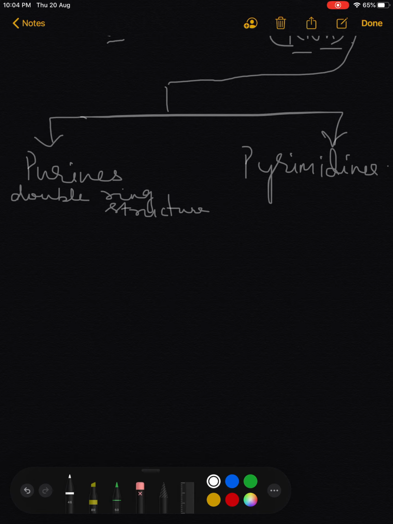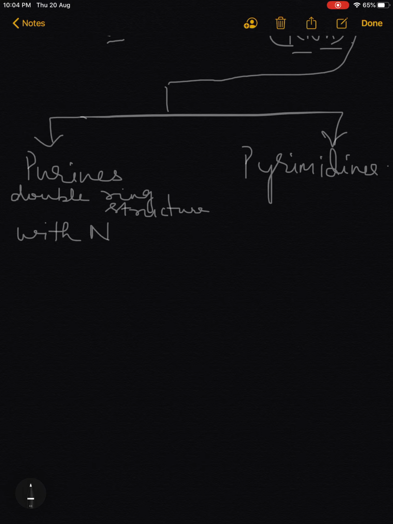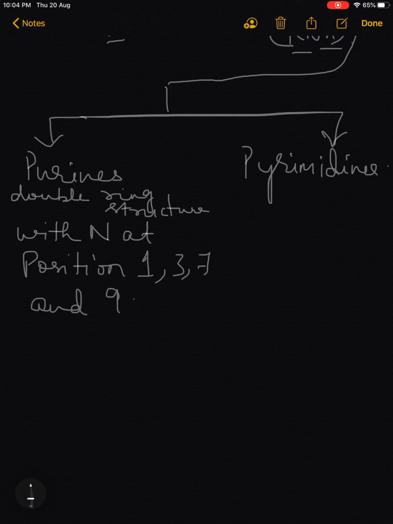Purines are a double ring structure with nitrogen at positions 1, 3, 7 and 9. What positions am I talking about? In chemistry, you have done that ring structures are given numbers.